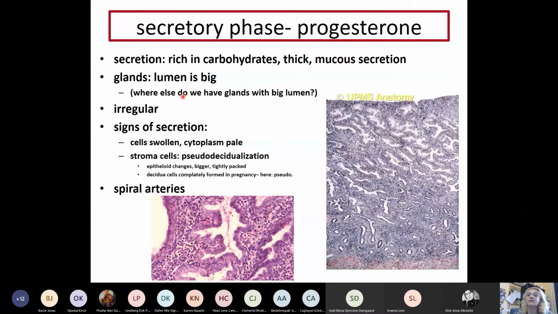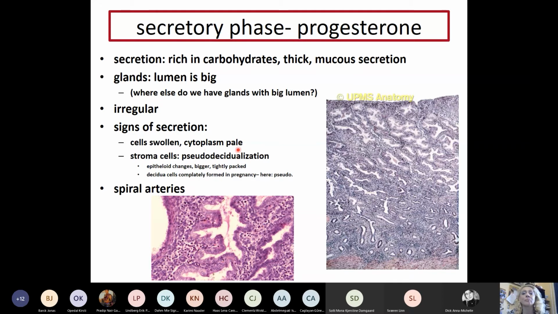So here, I just wrote a question that can come up in the exam: where else do we have glands with such a big lumen? Later, we learn the prostate and the lactating mammary gland. So this is a usual question here. So a very irregular and big lumen, okay? And the cells also show signs of secretion.